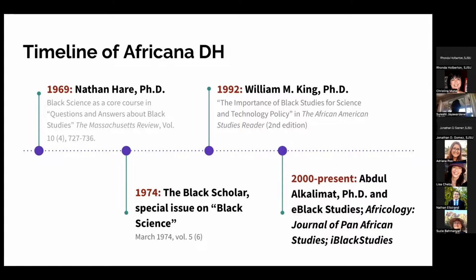But since the 2000s, we have eBlack Studies, which is a website with a lot of community resources to learn how to teach Black studies, different projects within Black studies. There's a dedicated journal that's open access and entirely online. And then more recently, iBlack Studies, which is a more up-to-date and more user-friendly interactive version of what eBlack Studies started out to be.